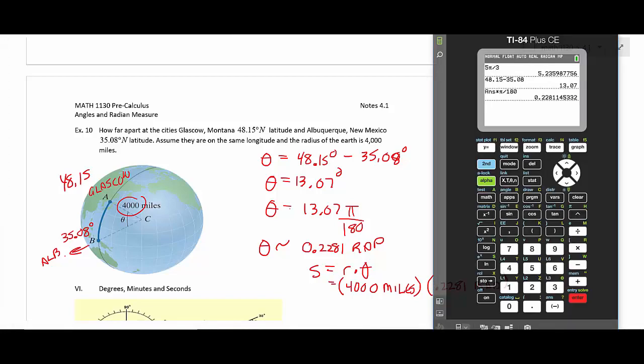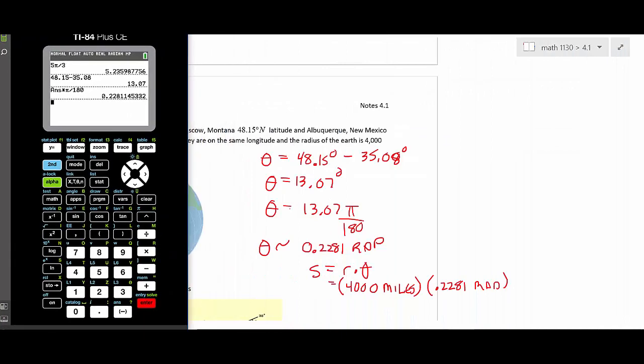I don't have any idea how far apart that is. It's probably 1,000 miles or something like that. So let's see, 4,000 times 0.2281 is about 912 miles. And those two cities are pretty much directly north of each other, I think.